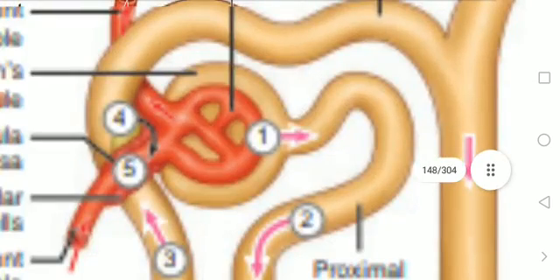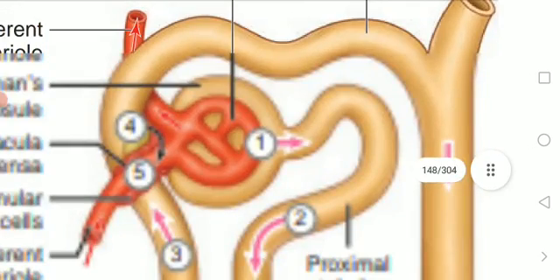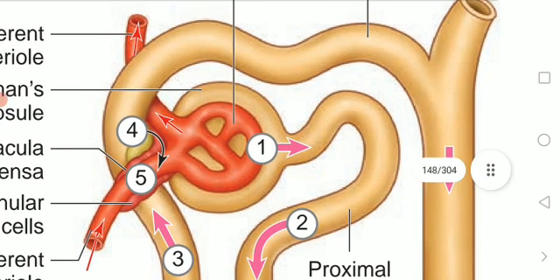Here these are the capillary beds, the glomeruli, the red part crossing the tubule-like structure. This pressure is opposed by two opposing forces.